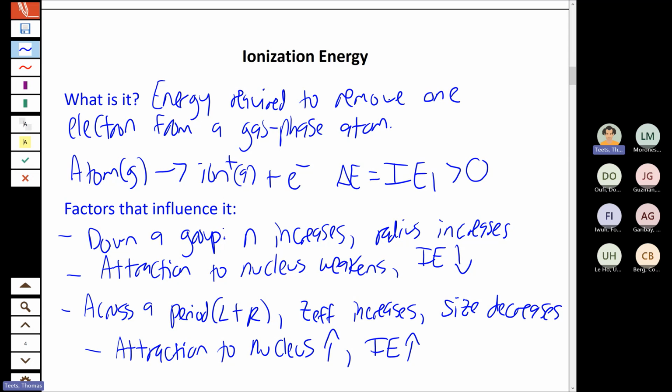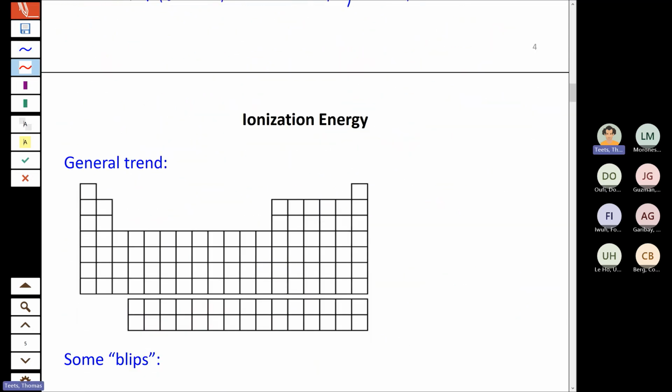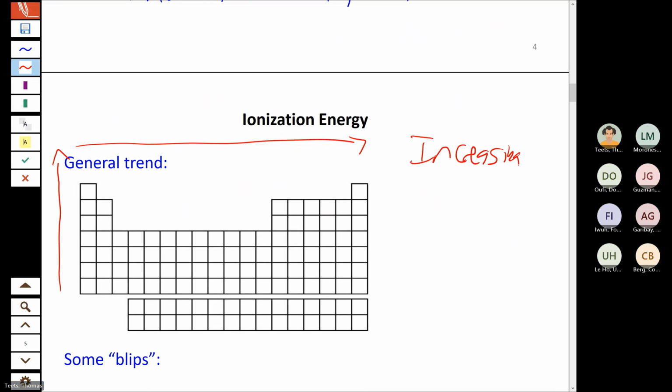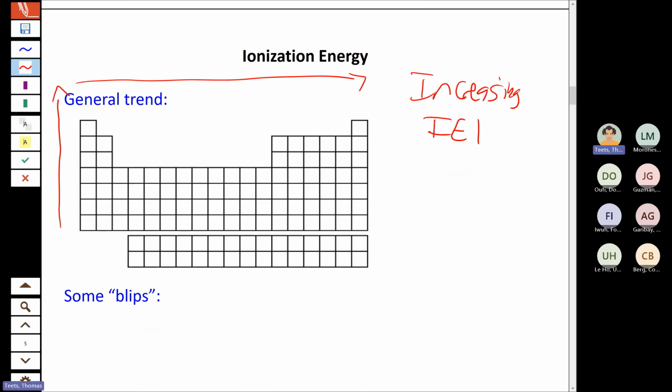And so then what that leads to for the trend is, again, I'm going to draw it for increasing ionization energy, is bottom to top and left to right. And a very simple relationship, which is oversimplified in some sense, but as you go up a column or left to right, you're making the atoms smaller, so the electrons are held more tightly.